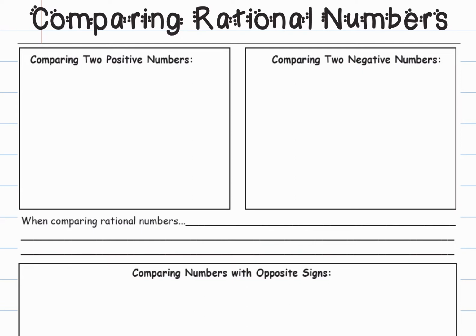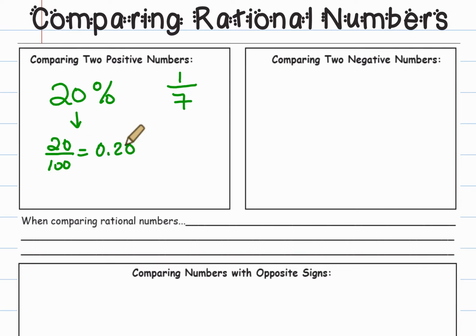What about a percentage? Let's say I had 20%, and I want to know, is it greater than, less than, or equal to 1/7? Well, we know that to take a percent and change it to a decimal, it really means 20 out of 100, or 20 hundredths, which means it's 0.20, or just 0 and 2/10.